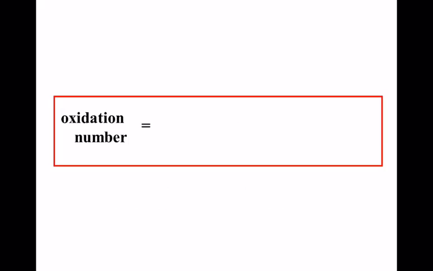Okay, if you're good with that, those are the electrons at the ionic limit in the situation we're assessing. To come up with the oxidation number for each of these atoms, we need to do a little subtraction problem. We look at the periodic table and come up with the number of valence electrons for that element.